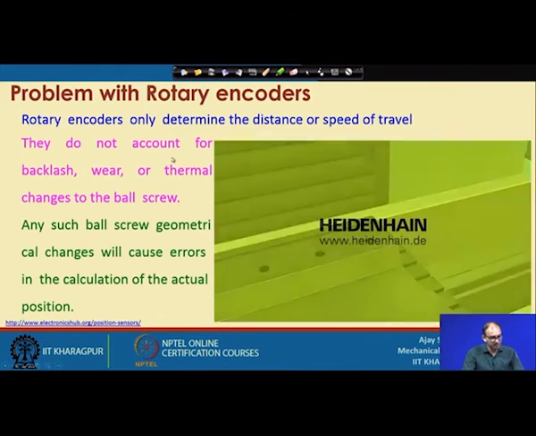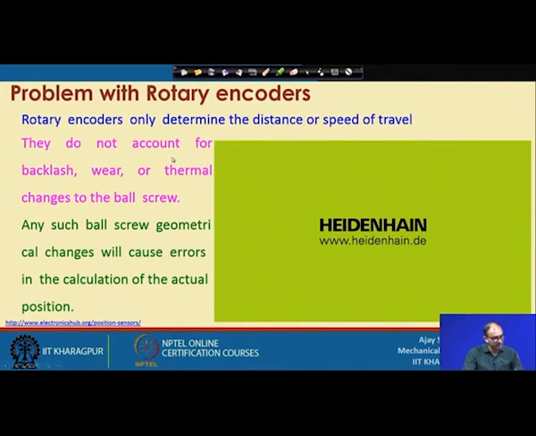So, we understood that a rotary encoder is good for rotational measurement only, not displacement. How much distance is traveled is sometimes very tricky if the system is not exactly as per the required dimension, because of backlash, wear and thermal changes.